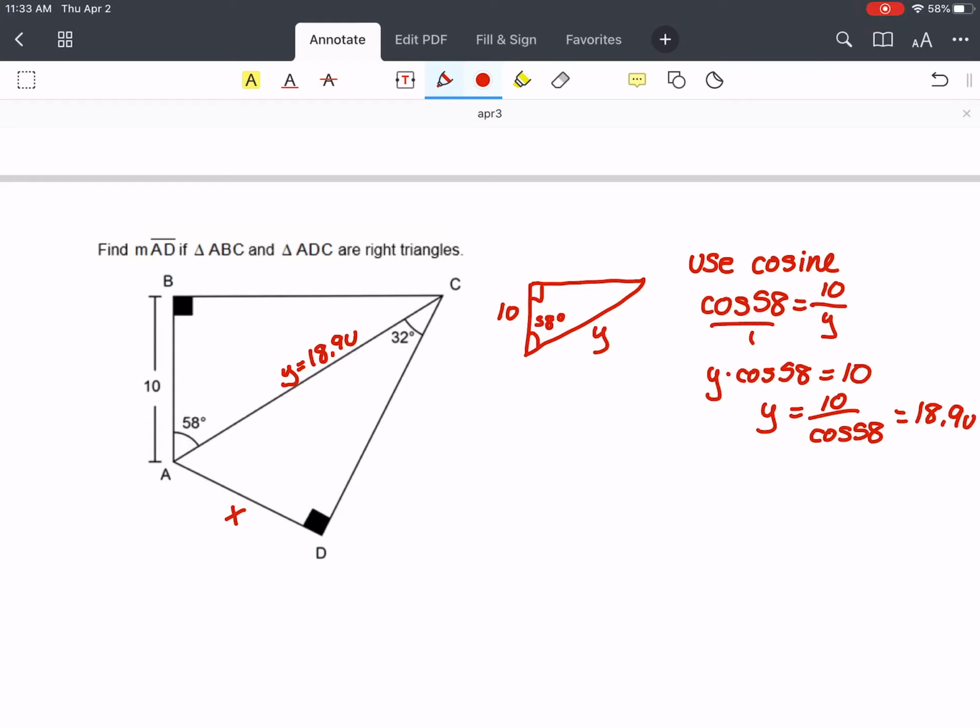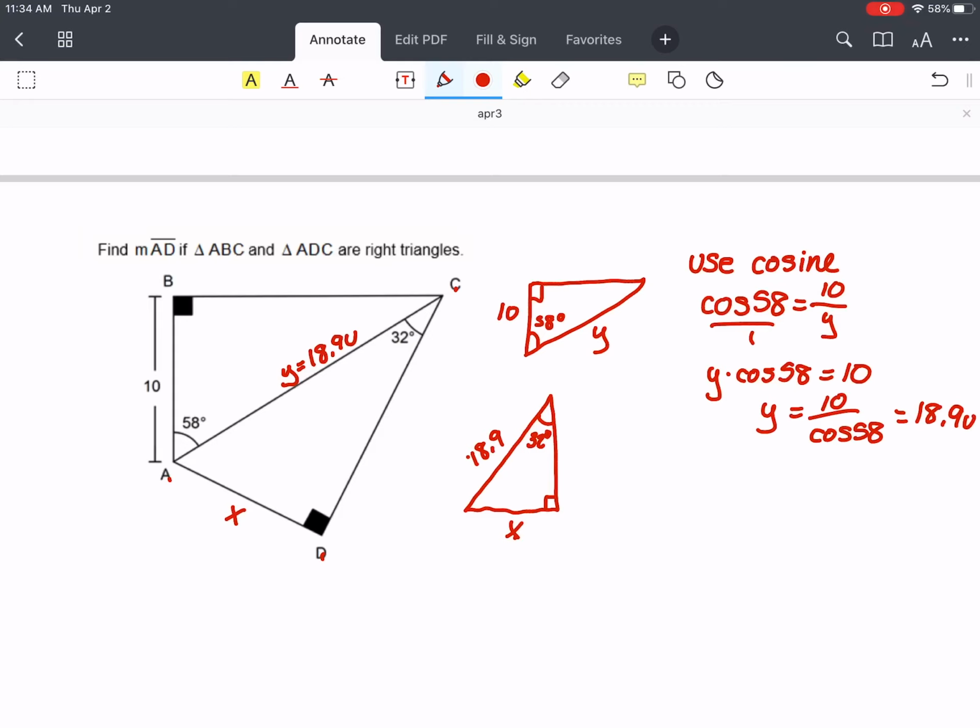Now let's redraw triangle CDA. So X is the side that we want. Our top angle is 32 degrees. The side length, the hypotenuse, is 18.9. So I want to use the trig ratio that involves the opposite side, which is X, and the hypotenuse, which is 18.9.